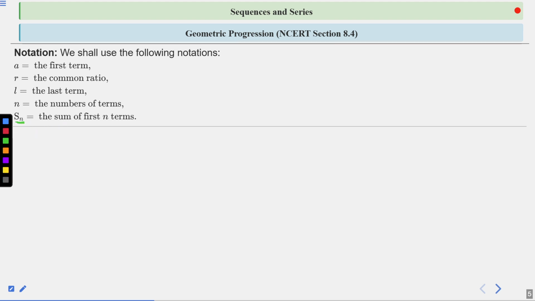This represents the sum of the first n terms. I hope these notations are all clear. Moving to next.